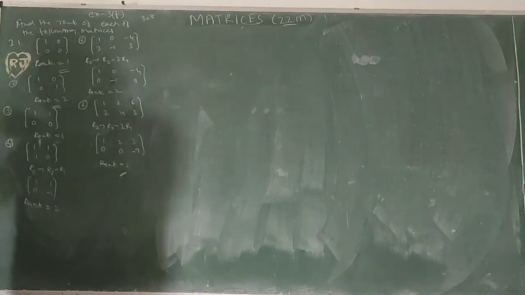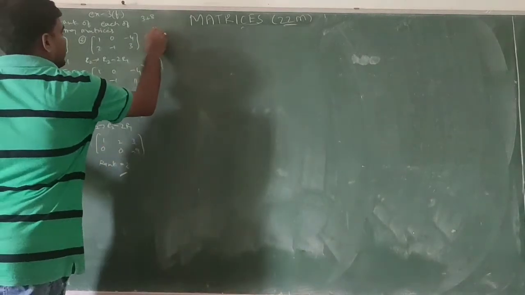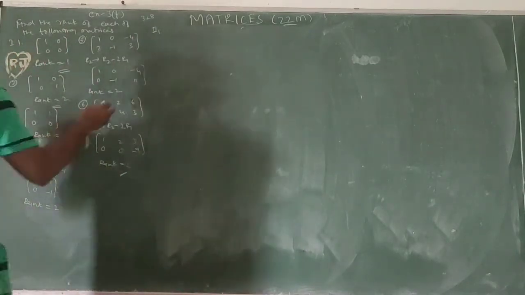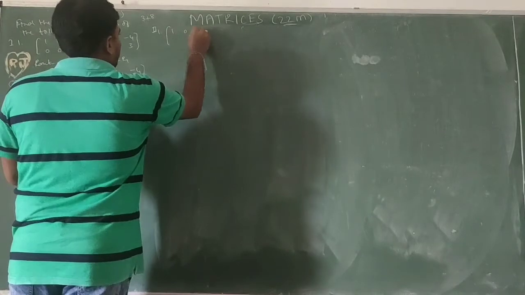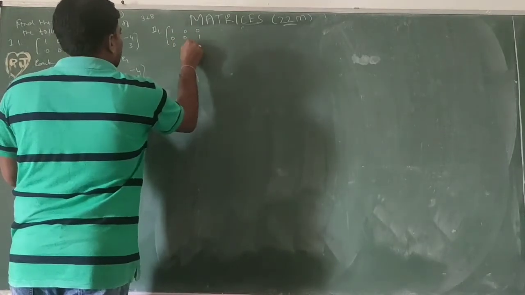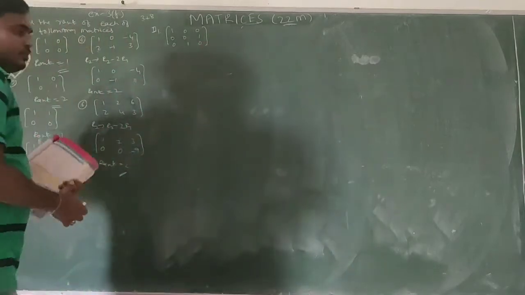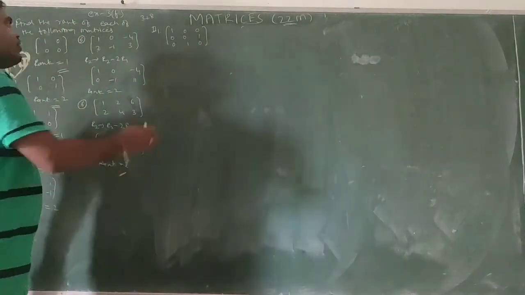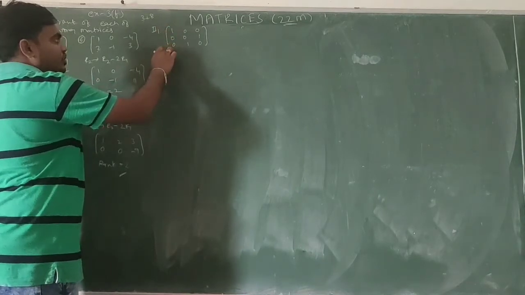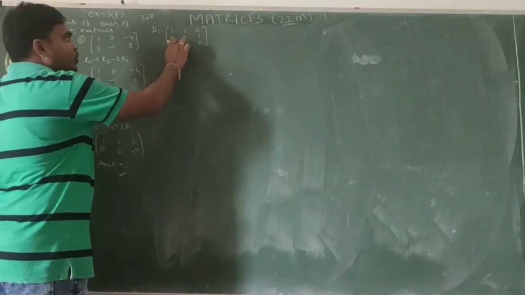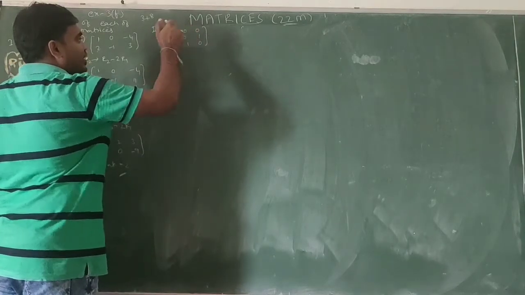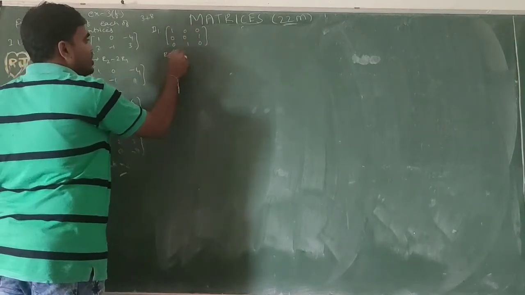Next, second part, first question: 1 0 0, 0 0 1, 0 1 0. After the first diagonal element, these two should be 0, and the diagonal element won't be 0. So what I am doing is interchanging these two rows: R2 interchanging R3.